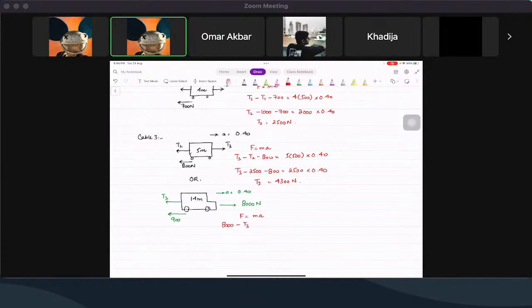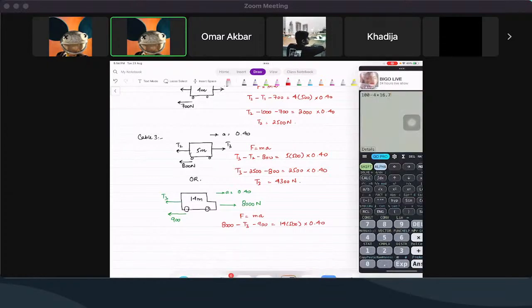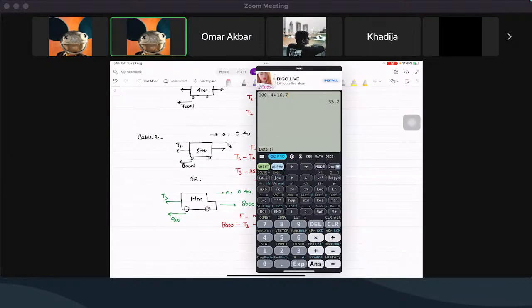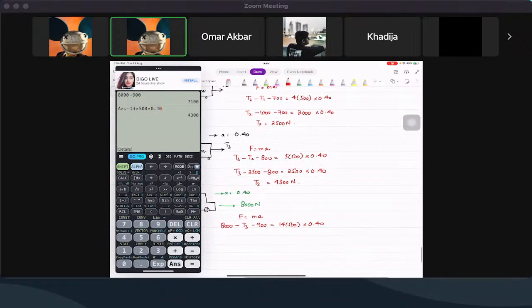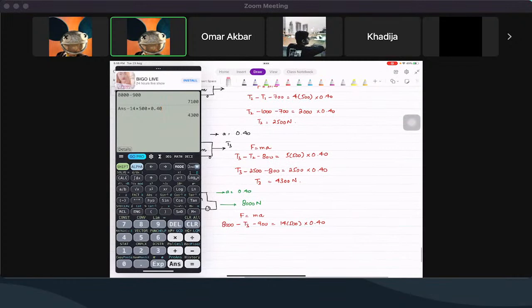Minus T3 minus 900 equals to 14 times 500 times 0.40. So if you try to calculate this, this is going to be 8000 minus 900, 7100, and then you're going to subtract 14 into 500 times 0.40. So this is going to be T3 equal to 4300 newtons.